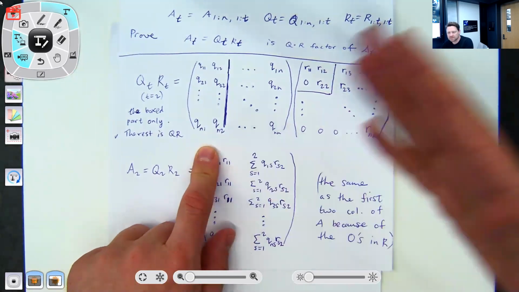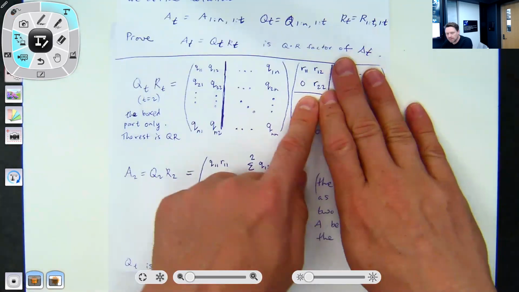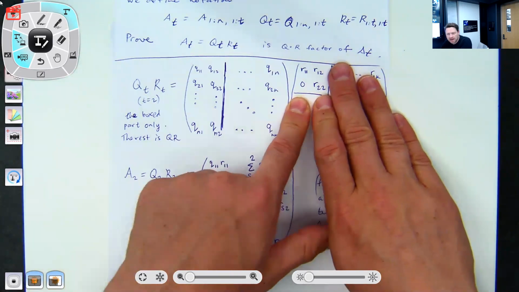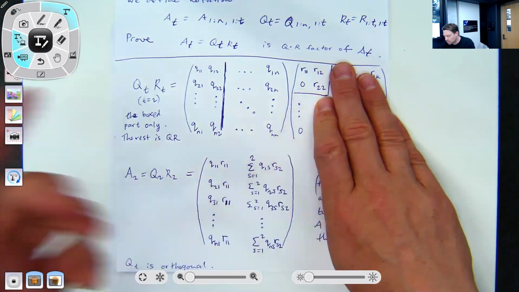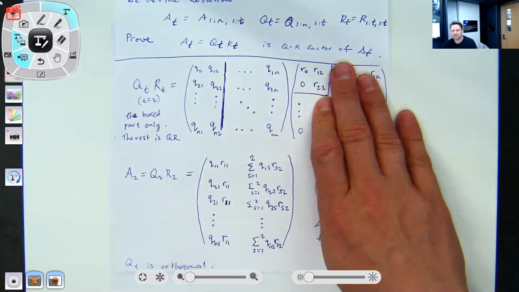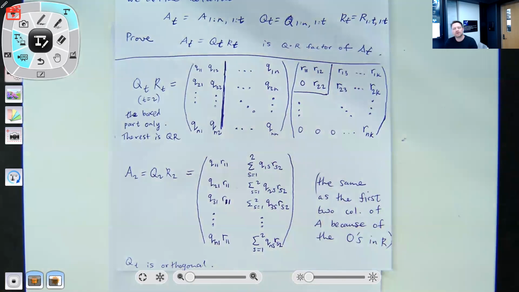Because it's a submatrix of Q. And also the submatrix of R, that is R subscript T, is upper triangular as well, right? And so we have a QR decomposition, and it's going to get the same result as if you applied the Gram-Schmidt process on A2 there, and so on and so on. Because in each case, we're just adding another column.